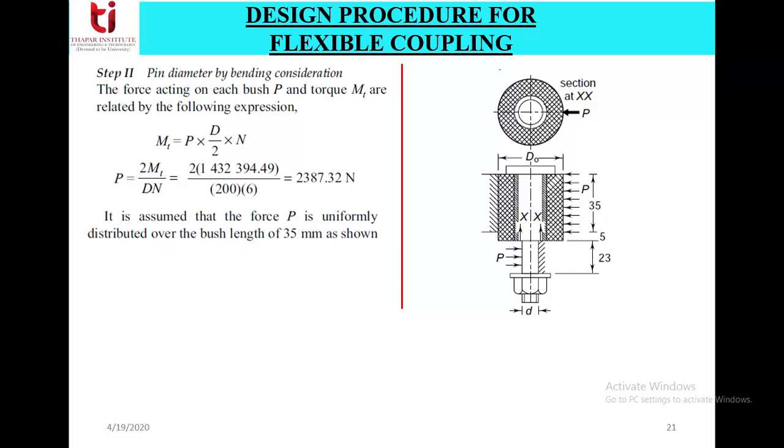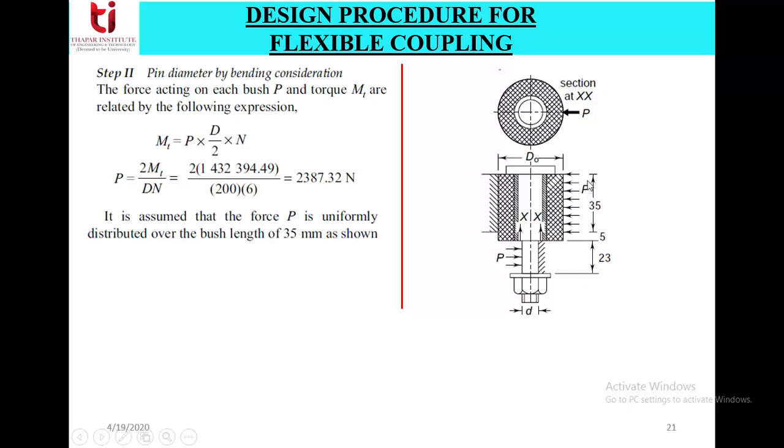Now it is a reasonable assumption that P is acting distributed uniformly over the bush length, which is given to be 35 mm. So these are the dimensions which are given to me. The bush length is 35, the gap 5 mm, and then we have this right flange.